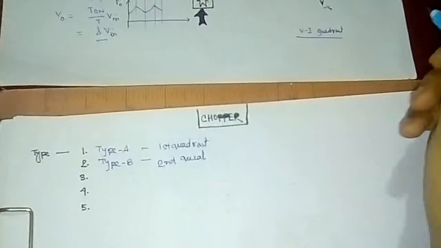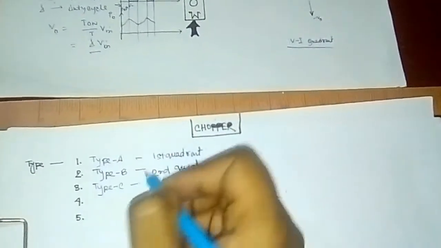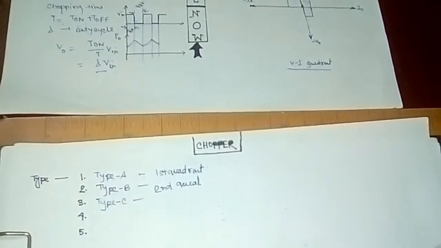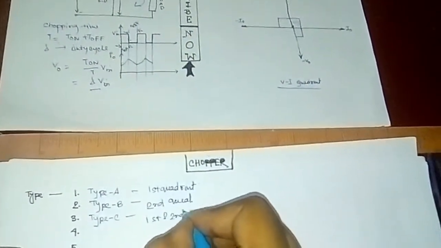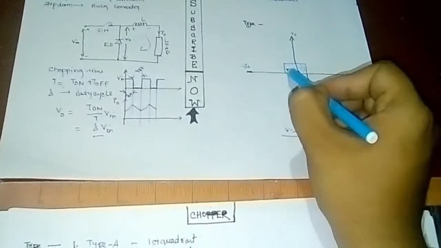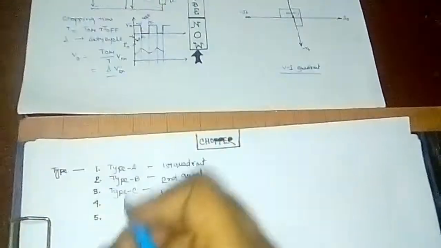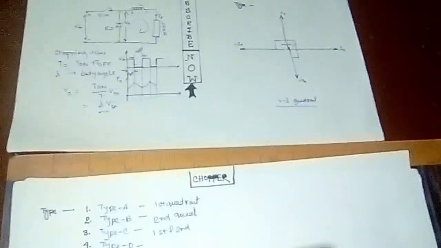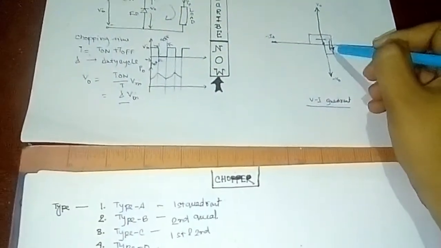The third type is type C. For type C, we will get the output in both the first and second quadrant. Now type D. In type D, we will get the output in the first and fourth quadrant.